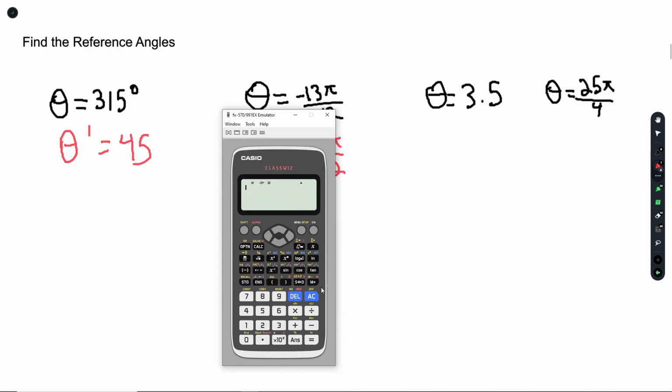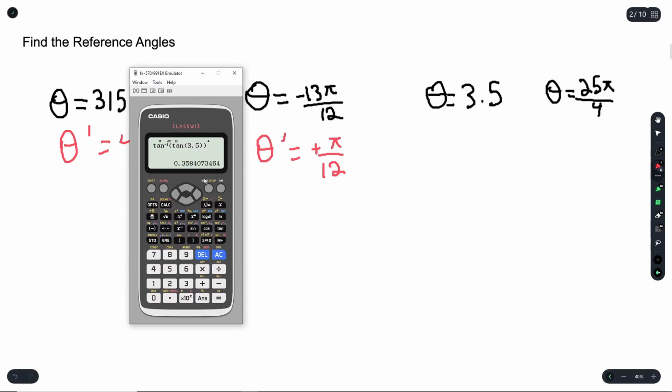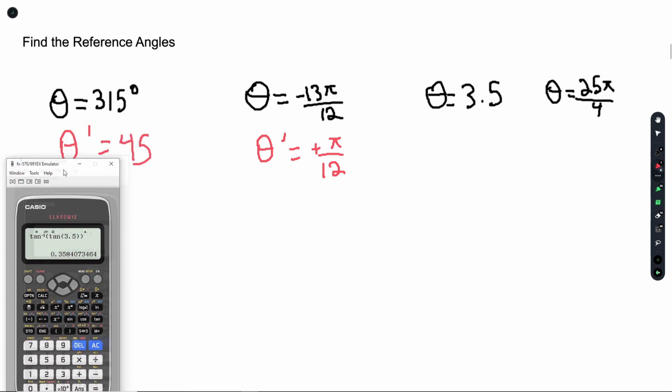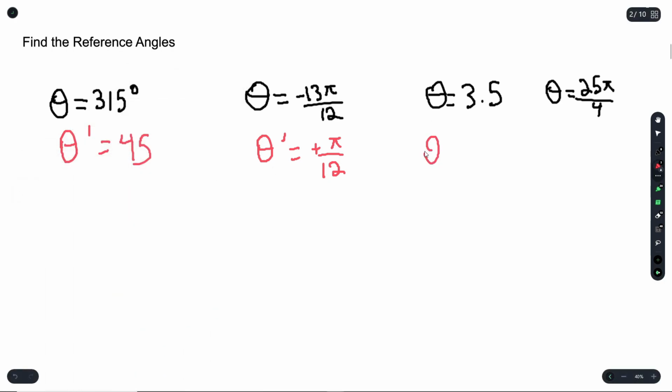Then the third one, there is no degree sign, so it's still in radian. So shift 10, 3.5. Our calculator is already in radian. So it's 0.358.